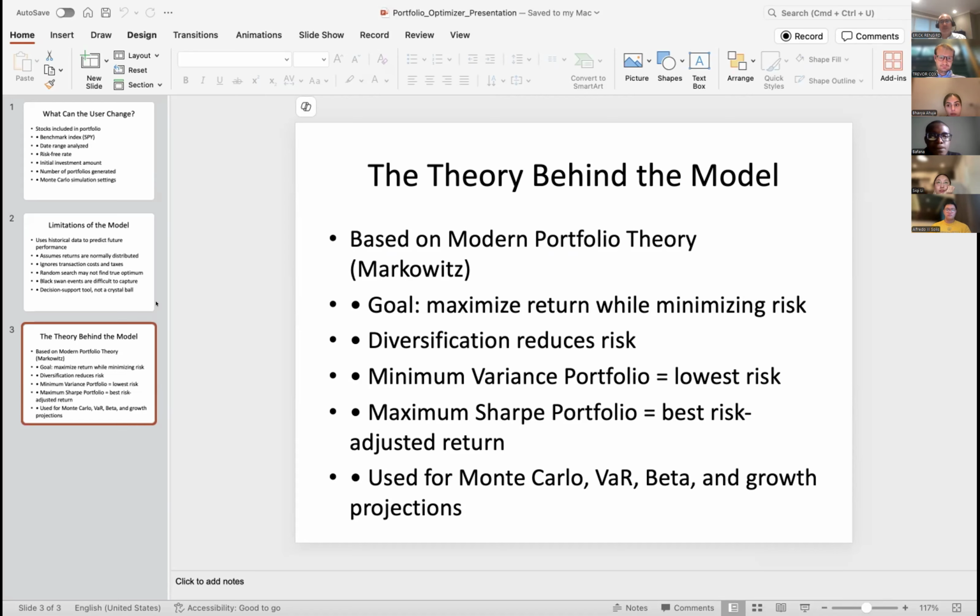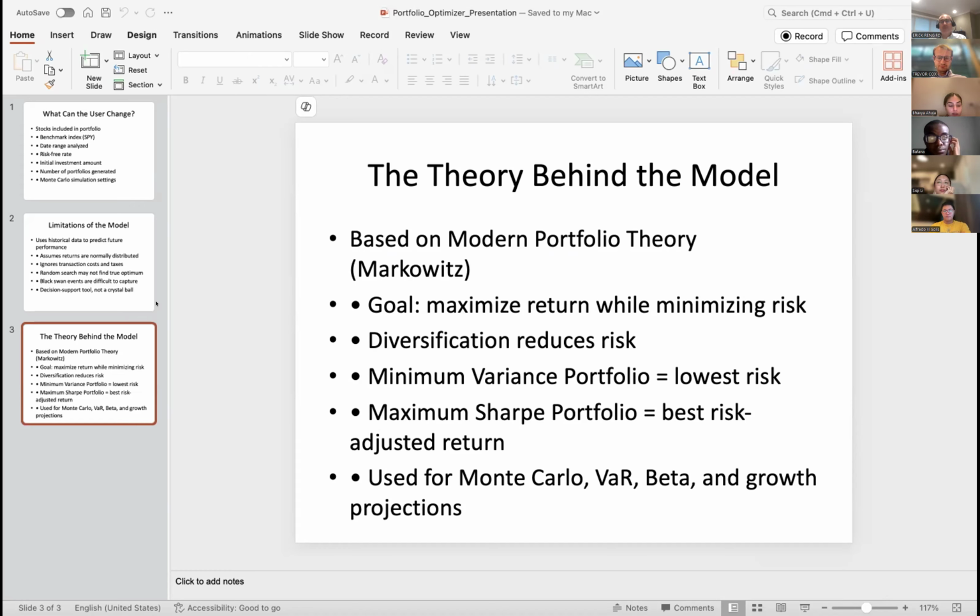What comes next in this model is, once it finds the best portfolio weights for the initial 1,000 and then total 5,000 portfolios that we picked, it uses these weights to simulate future portfolio paths, estimate value at risk, the beta of the portfolios, and how the optimized portfolio should have grown over time, which is the last graph that we saw.